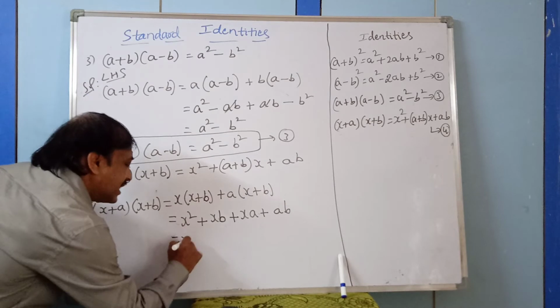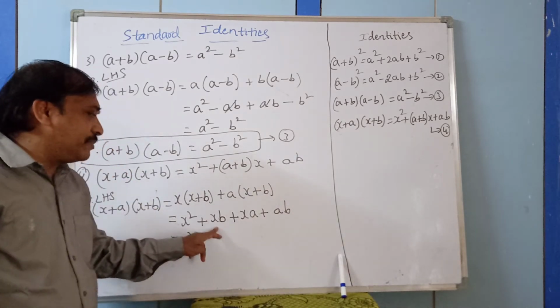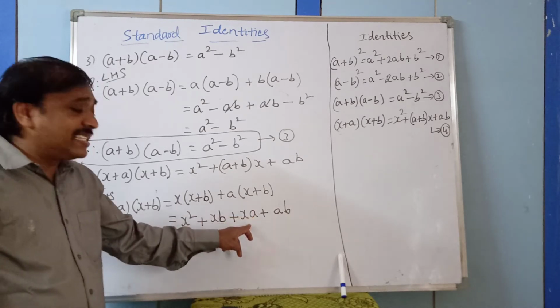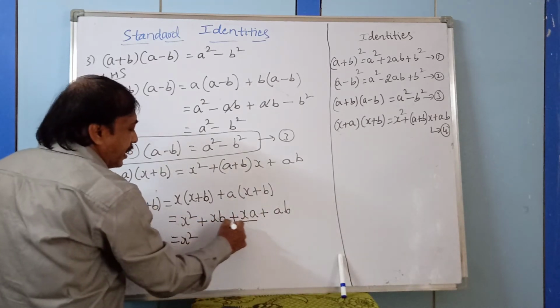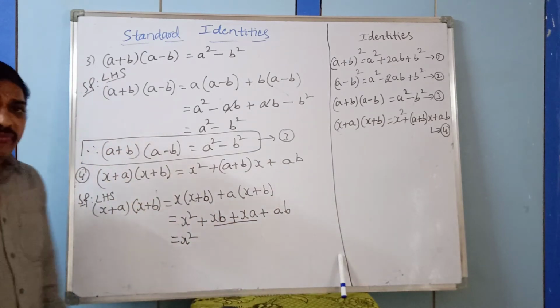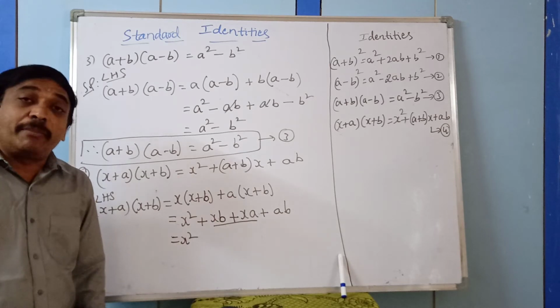Next, x square. Are there any like terms in this? No like terms. This is x into b, x into a, plus ab. But in these two, you see where one variable is common. What is that variable? x is a common variable.